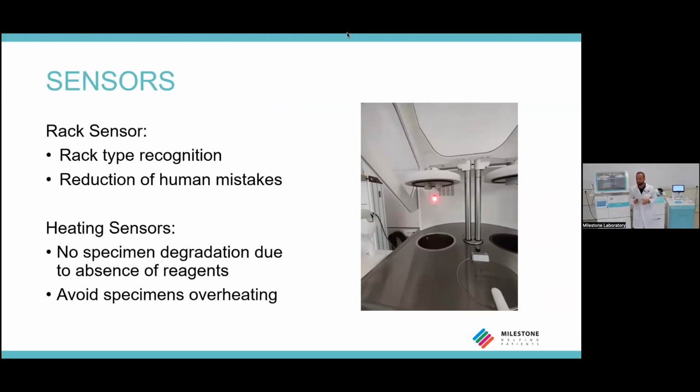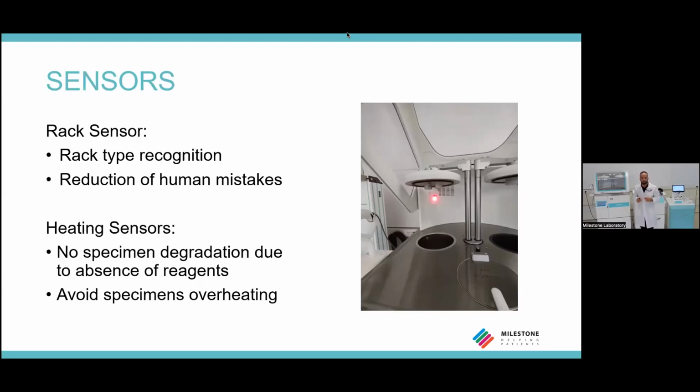Another problem that has been found during processing is sample damage due to wrong heating in the processor. In our processor, inside the cavity, there are heating sensors that alert the operator in case of specimen overheating. This significantly prevents specimen loss because, as you know, each specimen is unique.